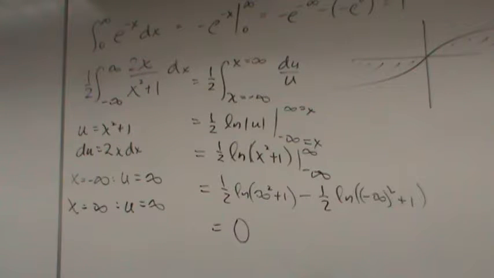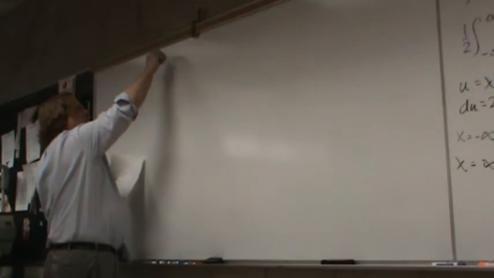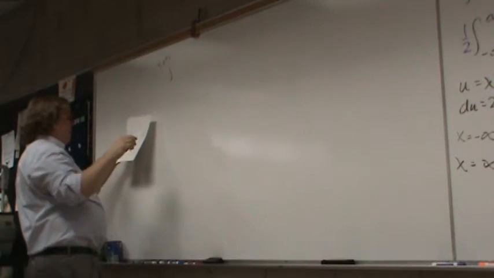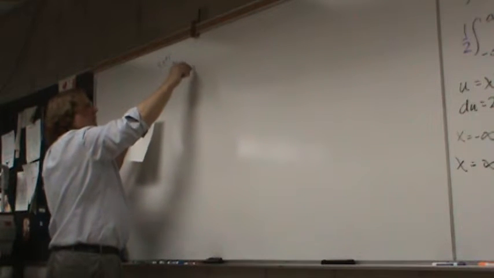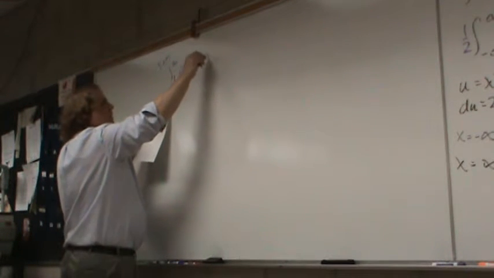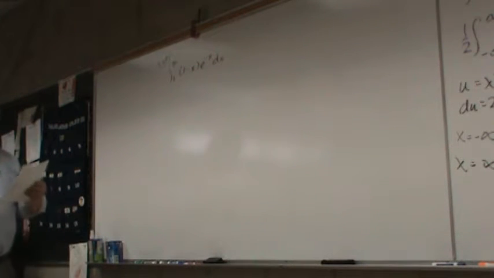And I'm just going to do it. I'm not going to have you guys do it. I don't know which example this is, example number 4. Let's say I have the integral from 1 to infinity of 1 minus x e to the negative x dx. And it turns out I do integration by parts.